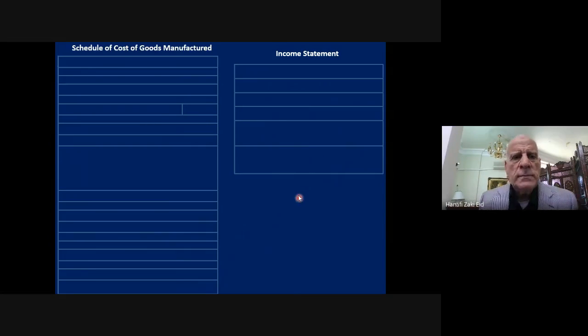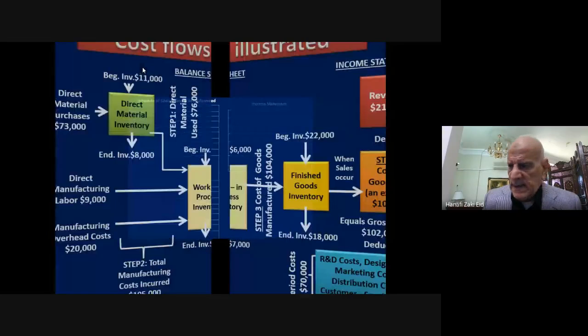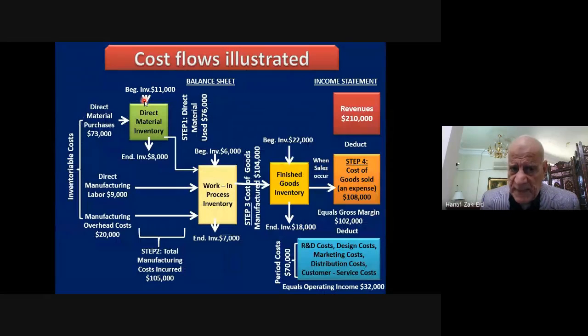In order to calculate cost of goods sold, as illustrated, we begin by calculating the manufacturing costs during the period and add this cost to the beginning inventory of work in process, and then subtract from the total the cost of ending inventory to attain the finished goods during the period.